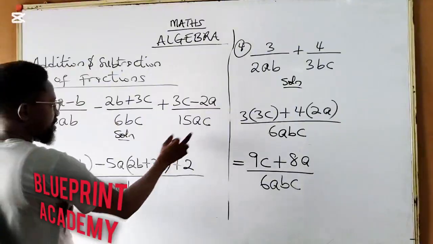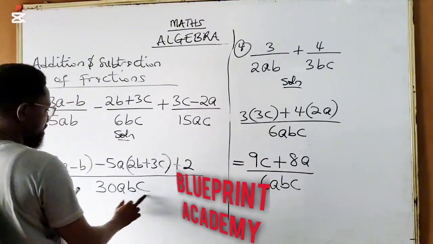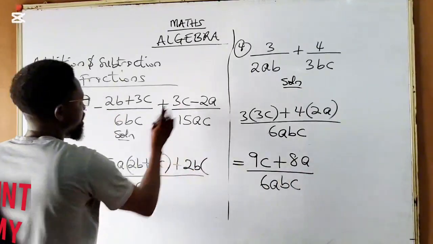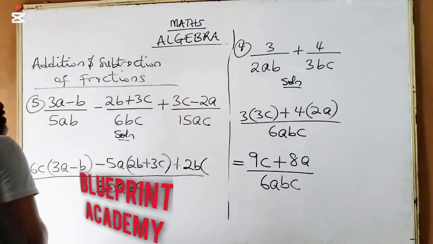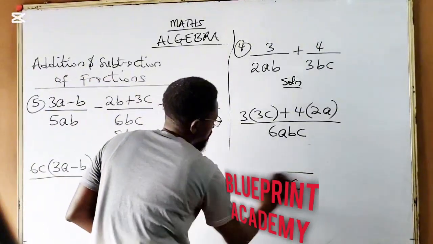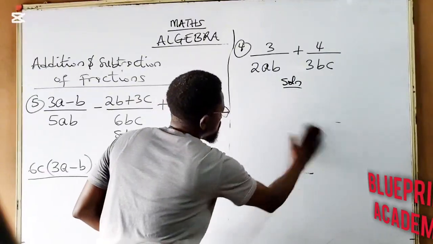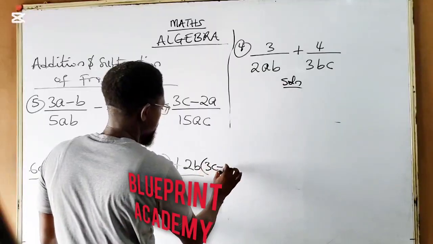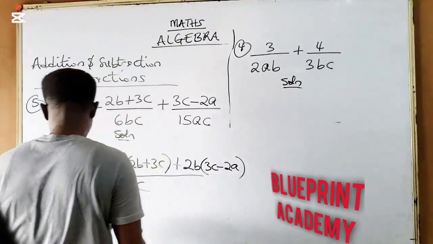Then we have AC, canceling this AC here, you are left with B. And here we have 3C minus 2A.